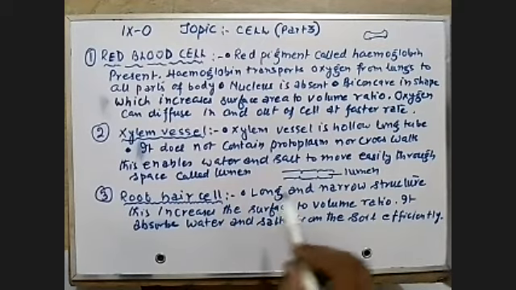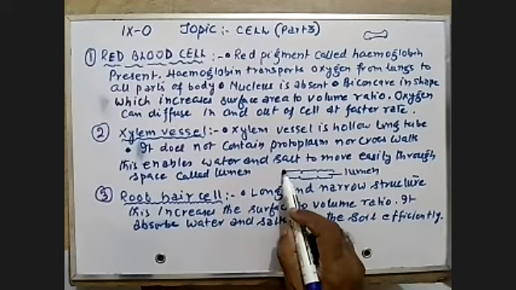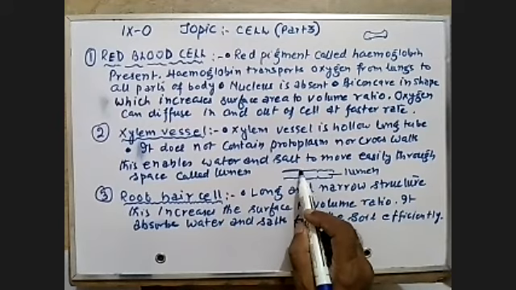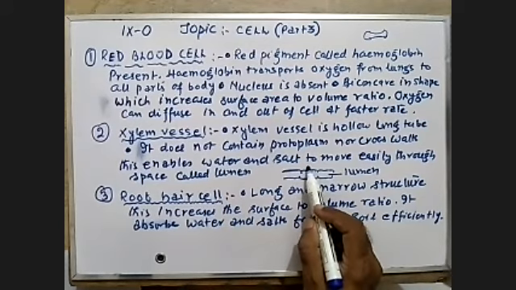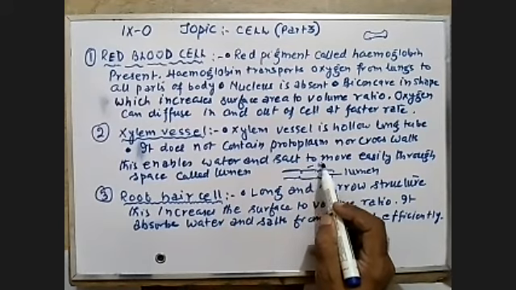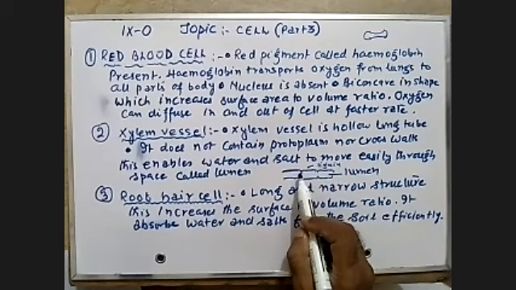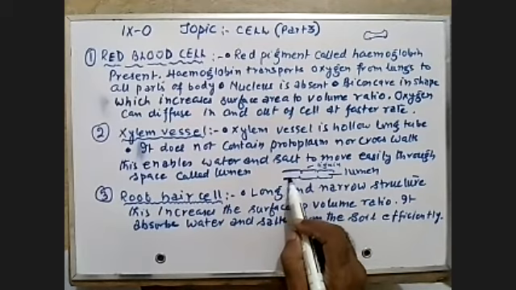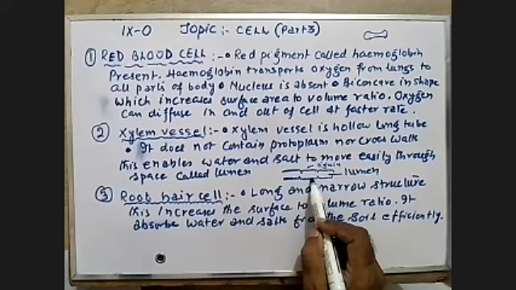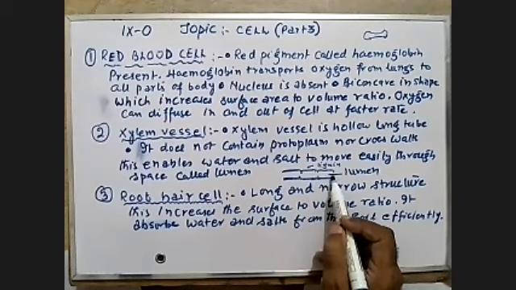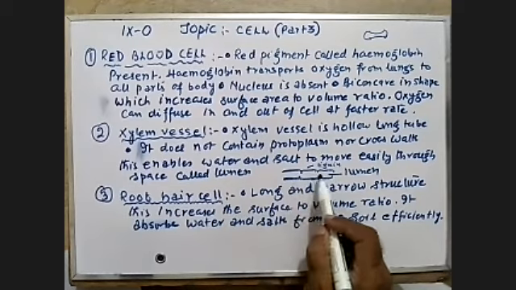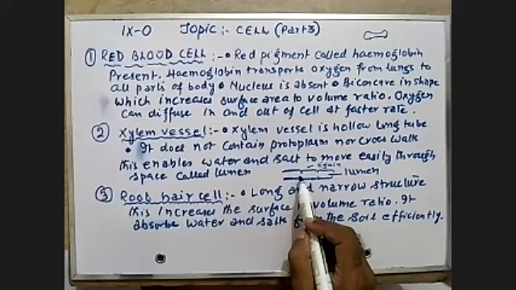They have a thick deposit on the walls that is called lignin. So this is the wall of the xylem, which is called lignin. Lignin is a material which gives thickness and rigidity to the cell, so that it does not collapse. And in the center is the hollow space, no cross wall.